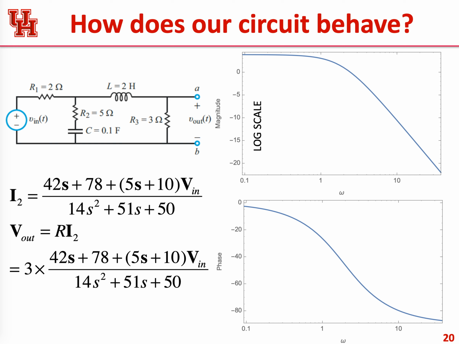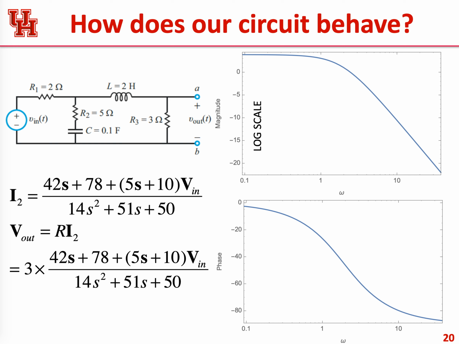When you look at very high frequencies, the numerator is going to be dominated by the highest order term. So as s tends to infinity, this ratio is going to look more and more like 3 times 42s squared, and the denominator is going to be dominated by this cubic term, 14s cubed.